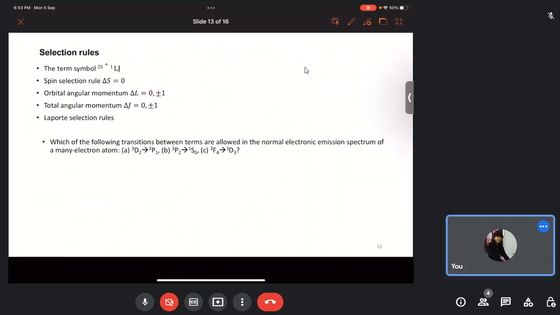Now let's come to the selection rules associated with the electronic transitions in many electron atoms.